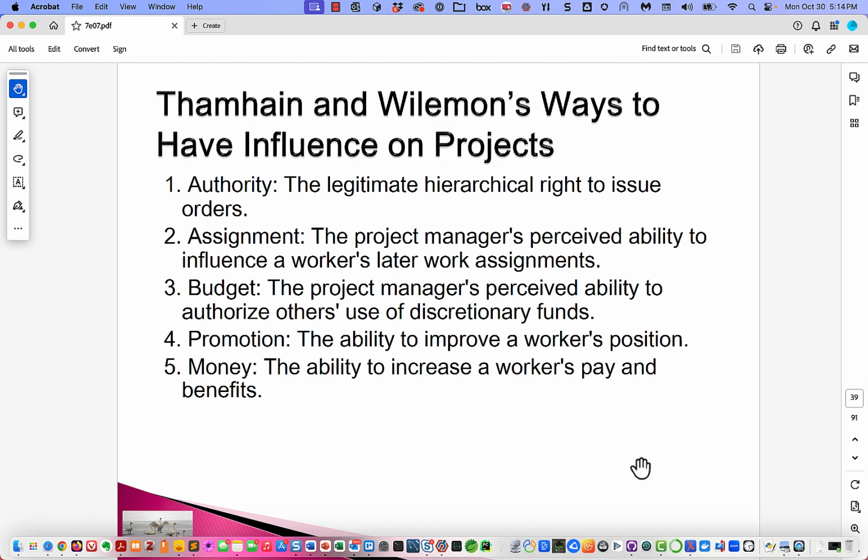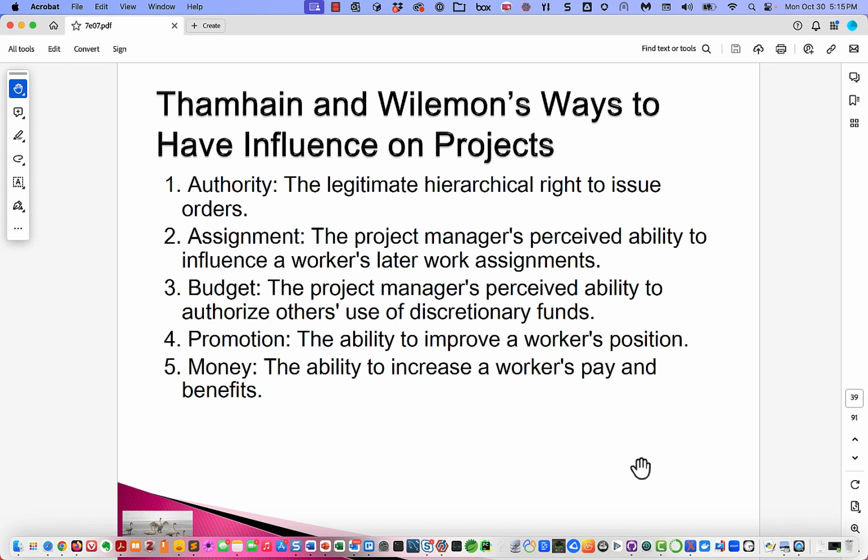How can a project manager have influence over the people who are on their project? Well, they can have authority. The influence can come from authority, from assignment, from the budget, from promotion, from money.